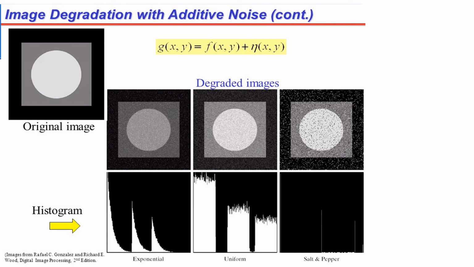So we can say that exponential noise is present in the image. Similarly, we can identify that the second image is degraded by uniform noise, and the third image by salt and pepper noise. So after identifying the noise, it is very easy to apply the filter to remove the noise.